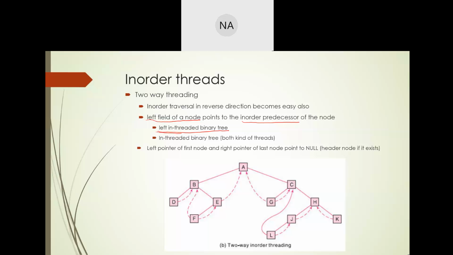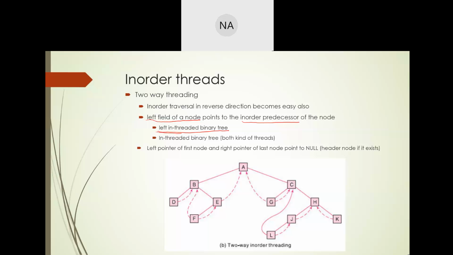In another kind of binary tree, we can store the threads in both the left and the right pointer fields of the nodes if they are equal to null.